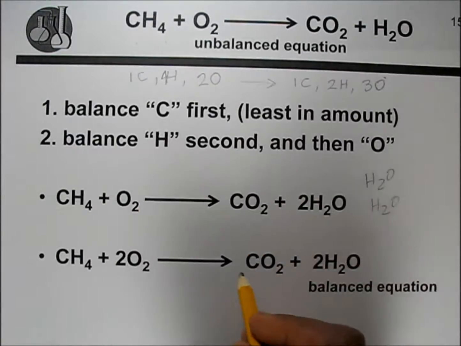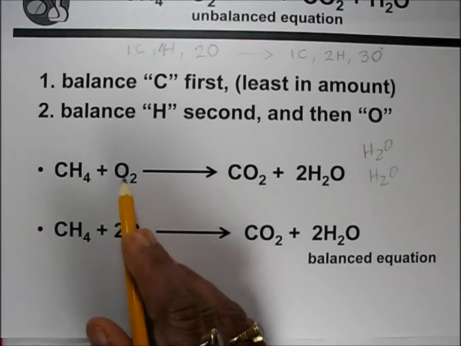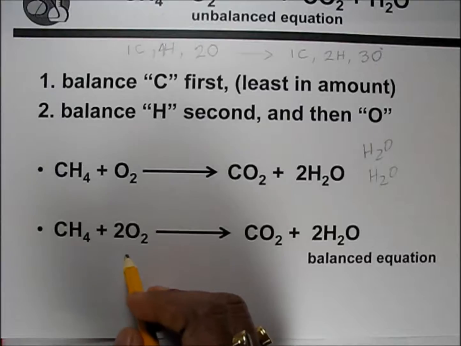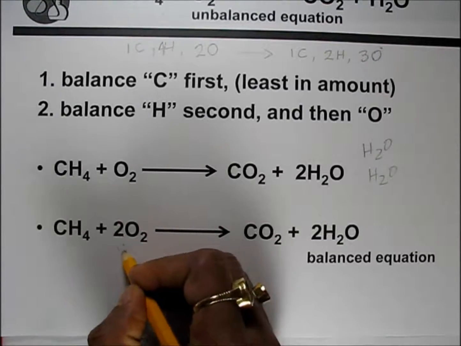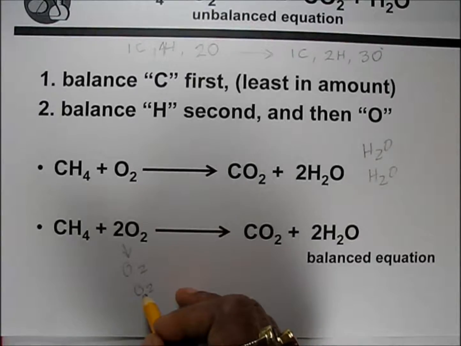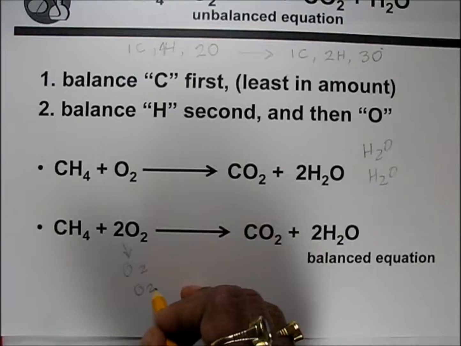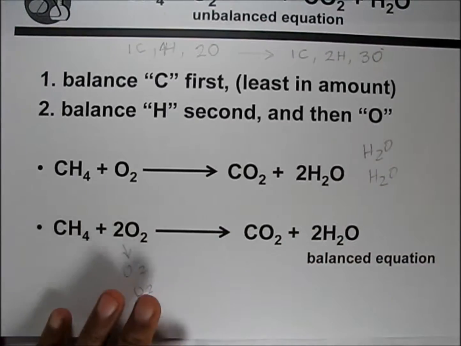So now we have to balance oxygen by adding a coefficient in front of the oxygen molecule, 2. So this means there are 2 oxygen molecules, so there will be total 4 oxygen. So now everything is balanced. So this is the balanced equation.